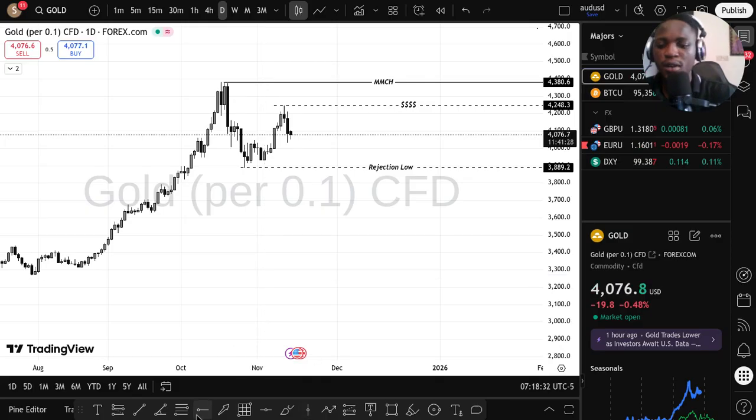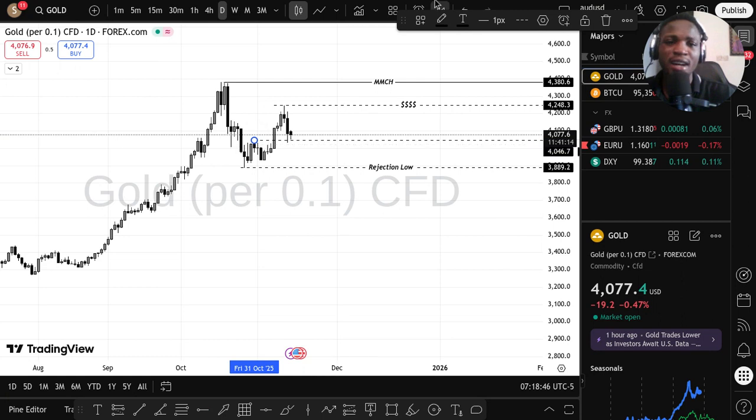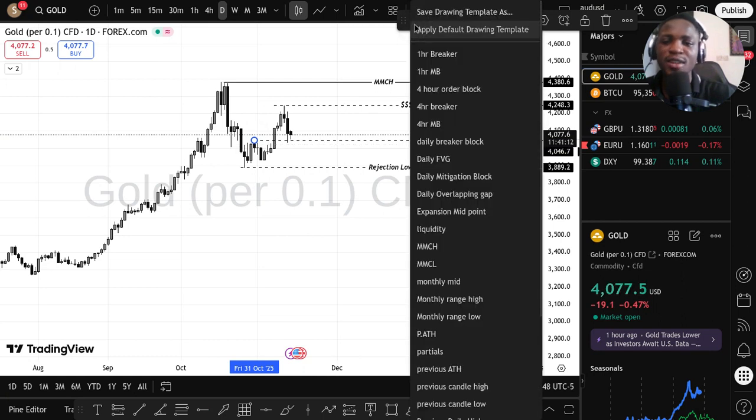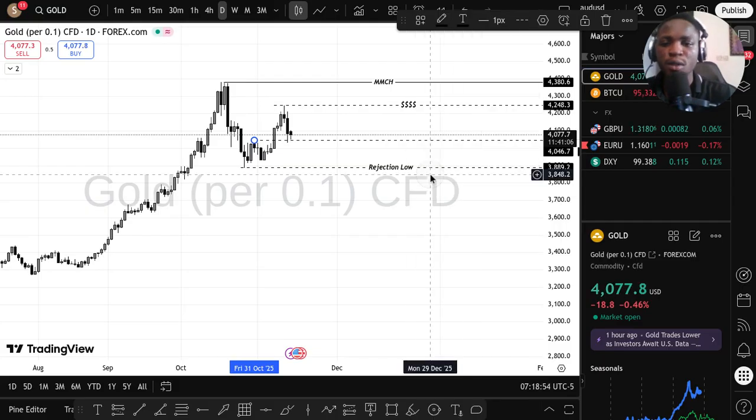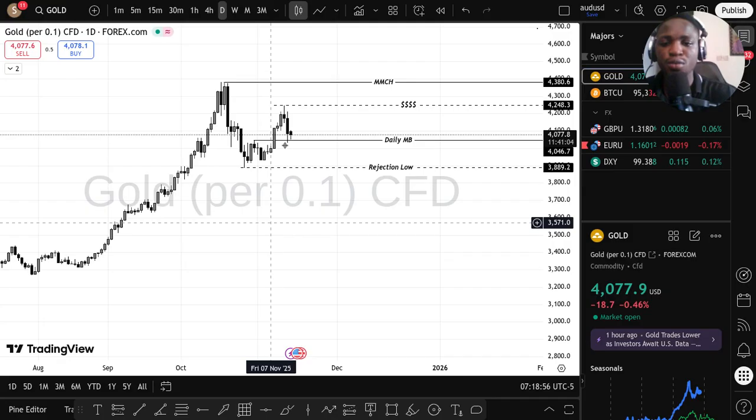So we had this retracement that started from this high to this low, and the high of it is our mitigation block, right? It's also an overlapping gap because it overlaps directly with the fair value gap on this bullish order flow leg.